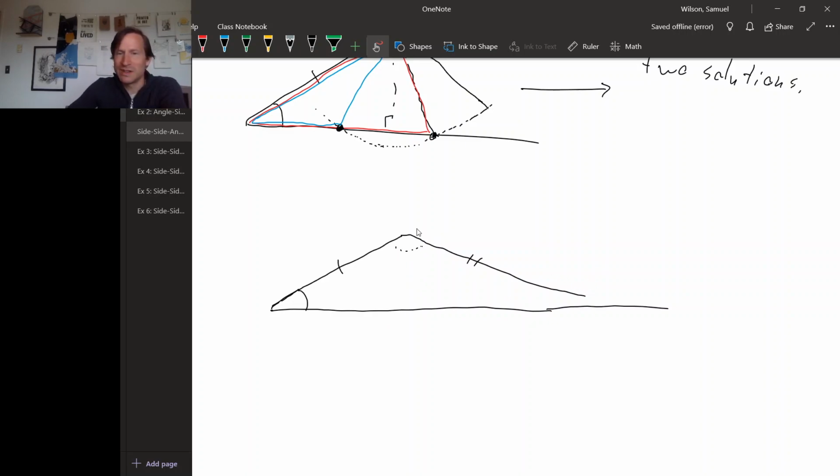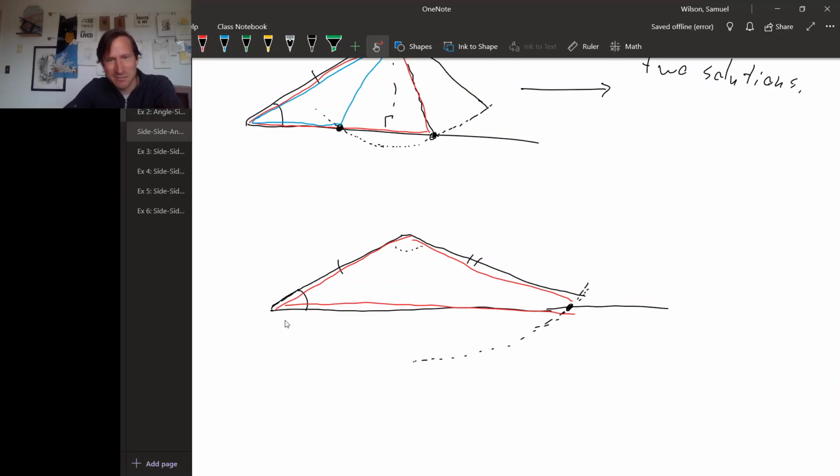Now when this right-hand side is super long like this, you can see as you swing it down, you do get this intersection point like we did before, and that gives us one triangle, like that. So now let's do what we did before and keep swinging the angle. We get something like this.